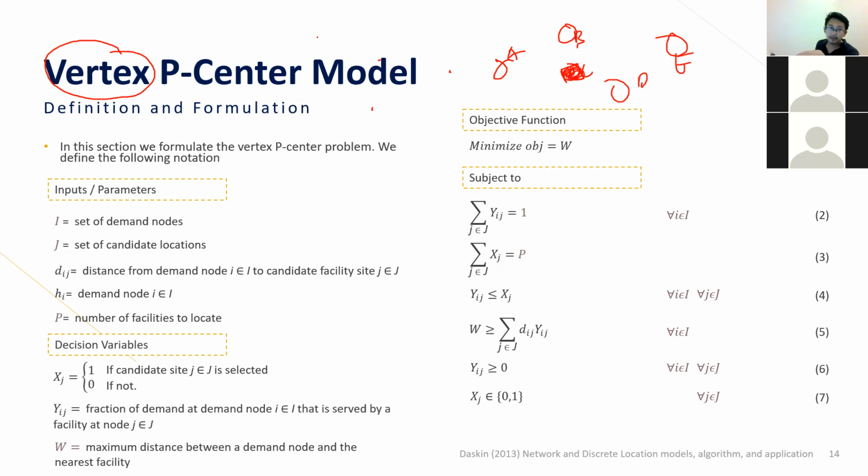But there is another facility location model, called the arc P-center model, in which the facilities are allowed to be allocated on the arc.